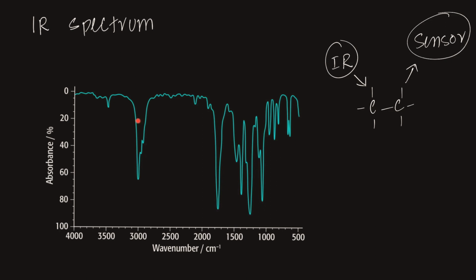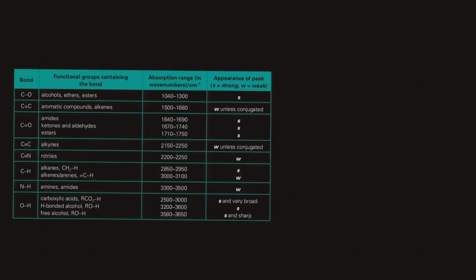Here we can see some regions where the molecule has absorbed certain bits of infrared light. Using this data, and referring to a data sheet or data booklet, we can figure out what type of molecule this is, especially what type of bonds or functional group it has.